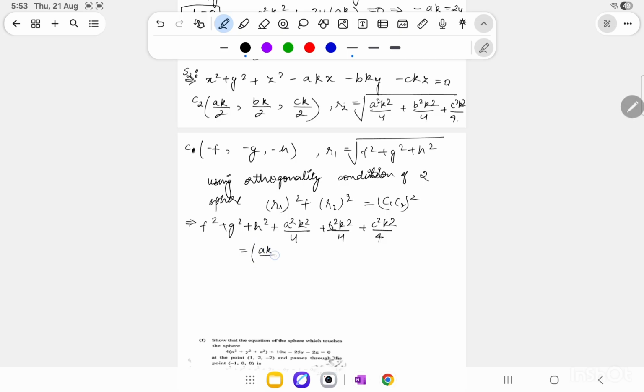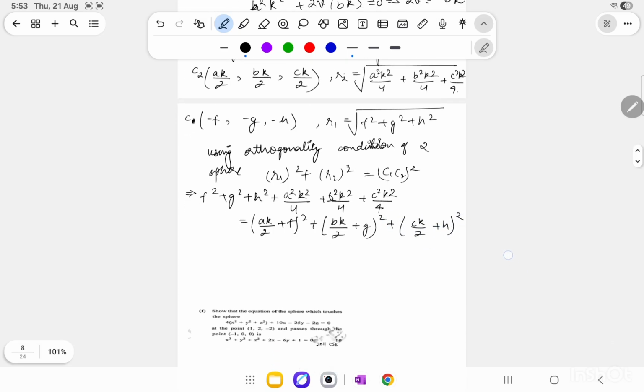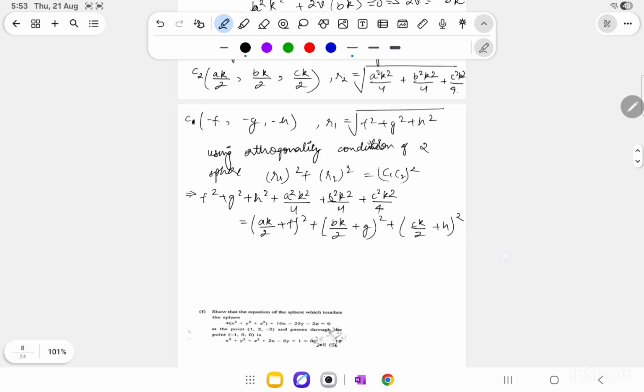That will be (ak/2 + f) square plus (bk/2 + g) square plus (ck/2 + h) square. So if I just simplify this equation on the right hand side, I'll get the left hand side is the same only, this one only.